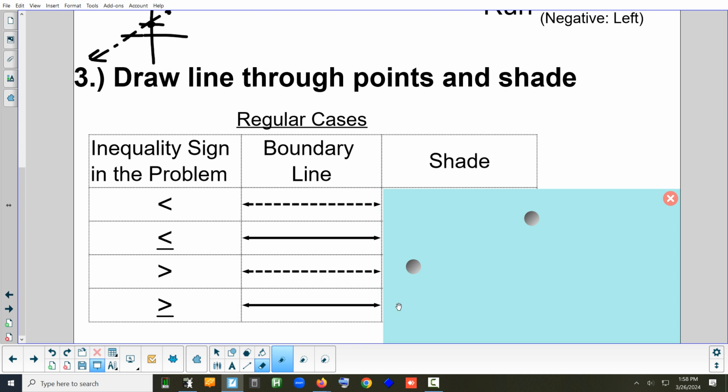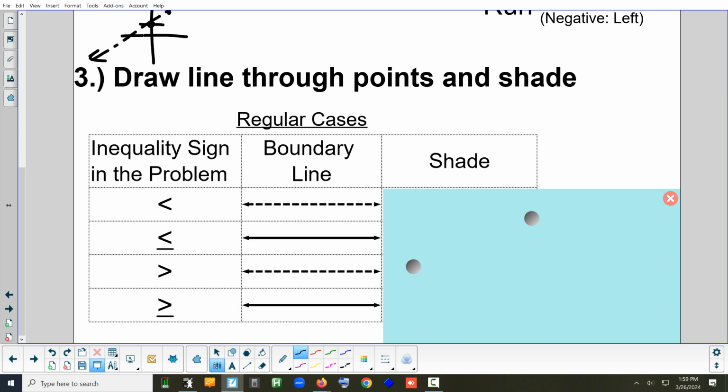Does anybody notice a pattern for when you use a solid versus a dotted line? When it's equal to, you use a non-dotted line, but when it's not equal to, you use a dotted line. Yep, exactly. When you have the equal to underneath, you always use a solid line. Less than or equal to, greater than or equal to: solid.